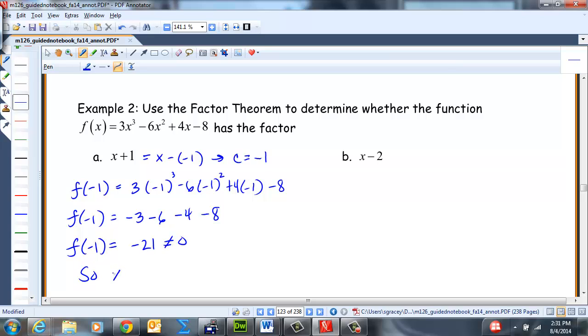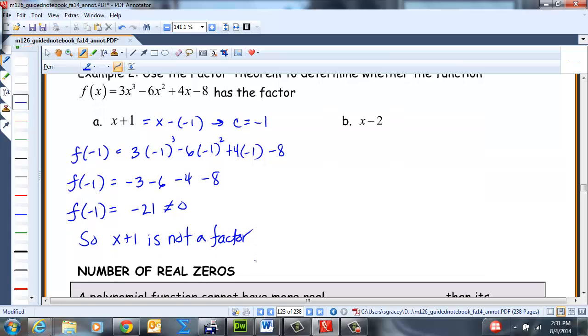So x plus 1 is not a factor of 3x cubed minus 6x squared plus 4x minus 8, since we did not get a 0 remainder.